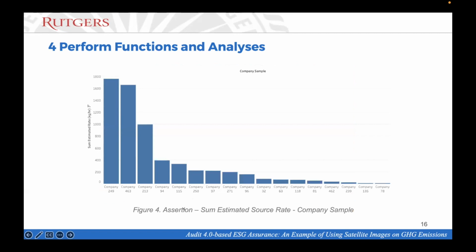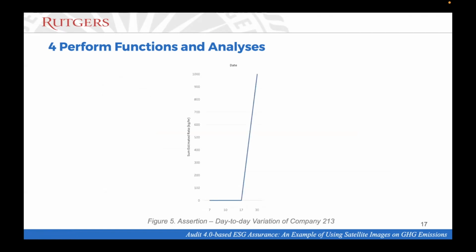For the second assertion, comparing with peer companies, you can visualize different companies together, because the satellites can estimate all the factories from space. In the traditional method, you can only get your peer company's emissions after they disclose them. The third assertion is whether the company has a special pattern for emissions, and you can visualize using day-to-day variation.